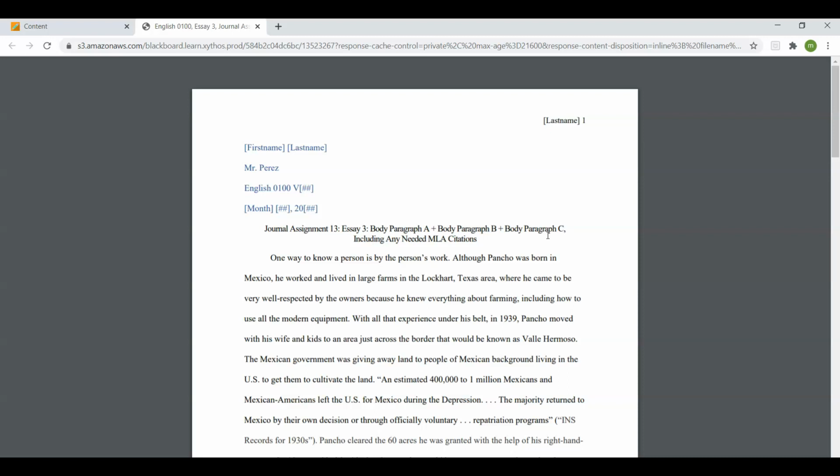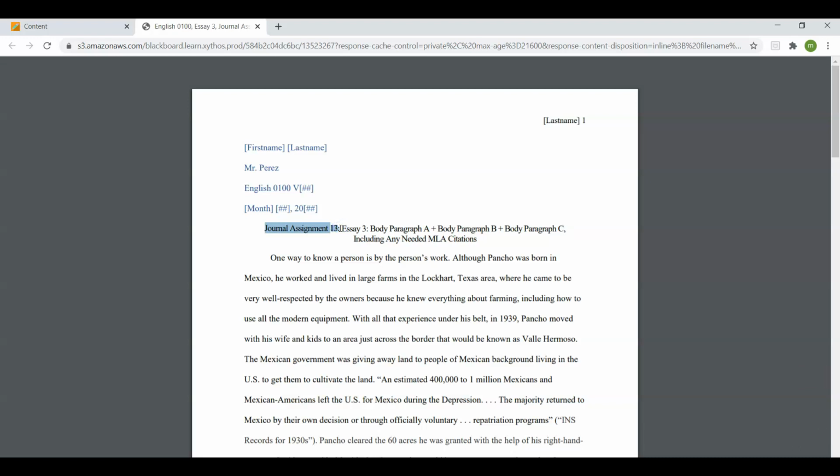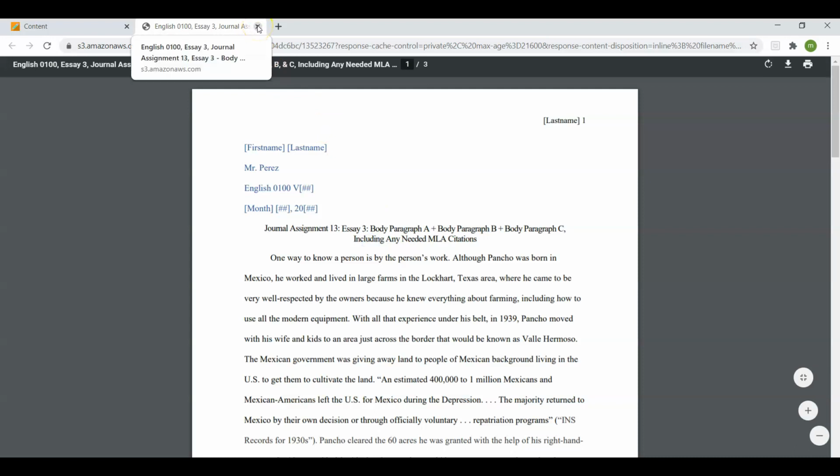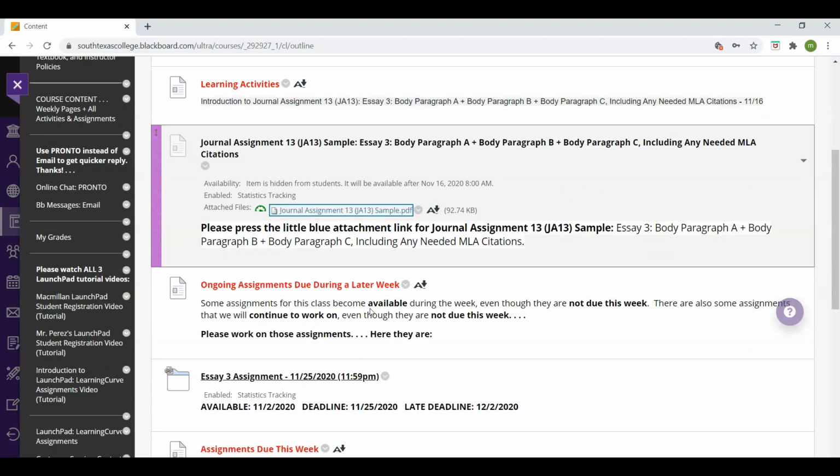It will have an introduction and a conclusion, but for the journal assignment due this Saturday, November 21st, you're only turning in the 3 middle paragraphs, like the body, right? Head, body, and tail, right? You're only turning in the body paragraphs for the journal. All right, so this was available since Saturday.